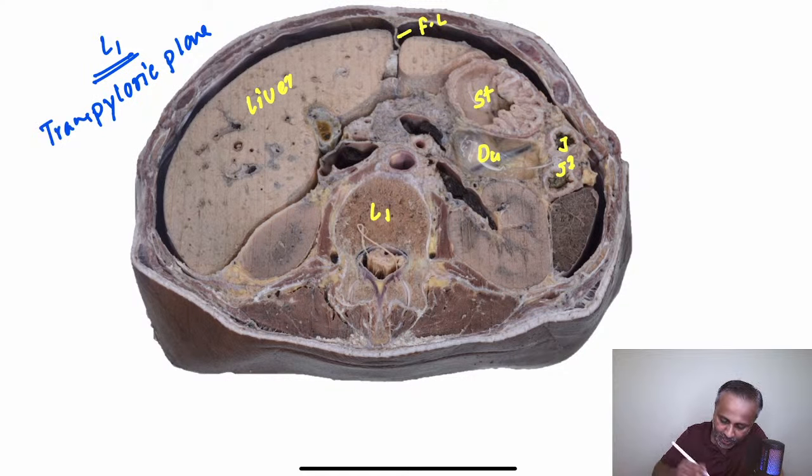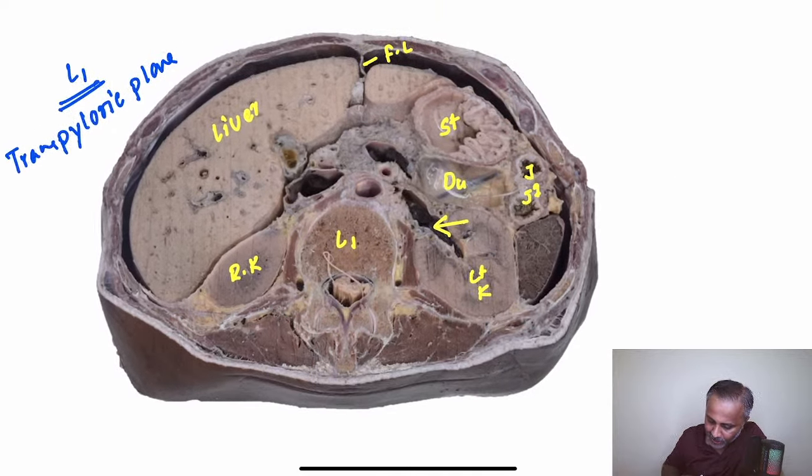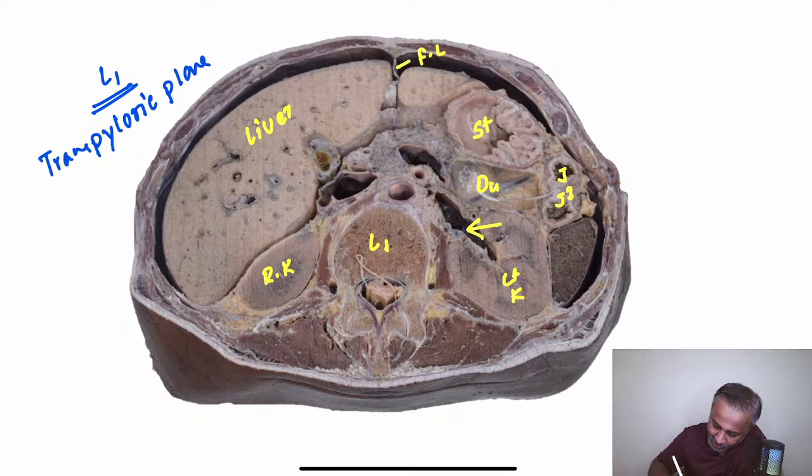Remember, these are possibly the section of the left kidney and here you have the right kidney, the upper pole of the right kidney, and then we have the hilum of the left kidney, because the hilum of the left kidney is at the level of L1. So this is L1 level possibly. Now, apart from this, what are the other structures?